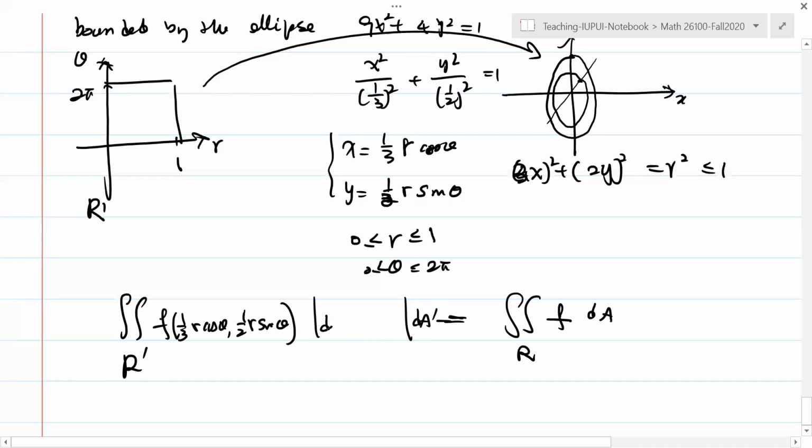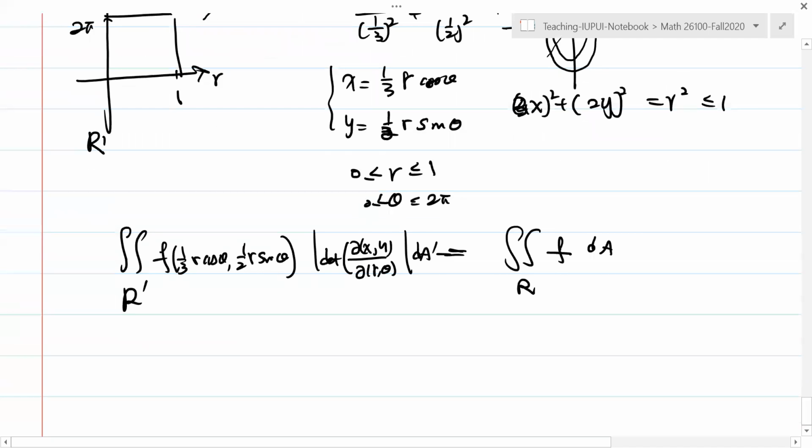So you have the determinant of these derivatives, which we have to calculate. It's probably multiplied by some numbers.